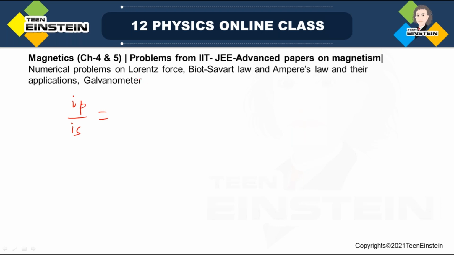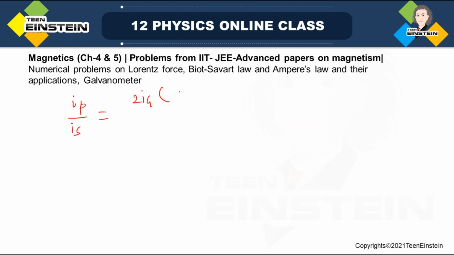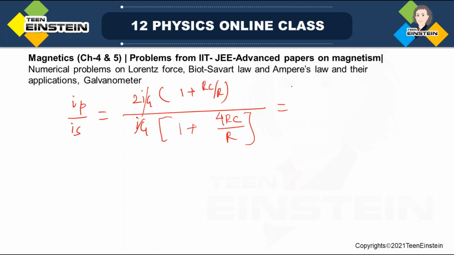So IP, what we got, 2IG, 1 plus RC by R, and here we have got IG and 1 plus 4RC by R. Look, if we just strike this out and write R plus RC, and in the denominator also we'll write R plus 4RC, right?